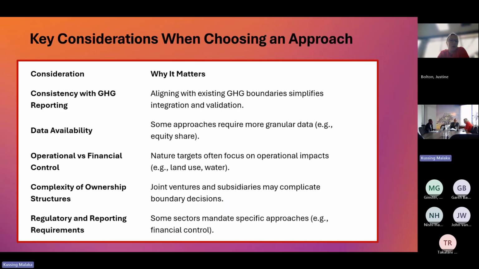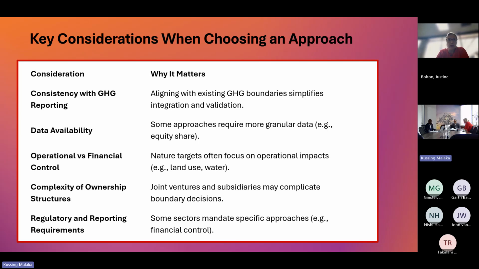So the operational control, that's I think where you have quite a decentralized business model. As I say, we've got leased assets, we've got partnerships that we are responsible for. We're responsible for how they operate, where they operate. So therefore, we should be responsible for the impacts that they are causing.